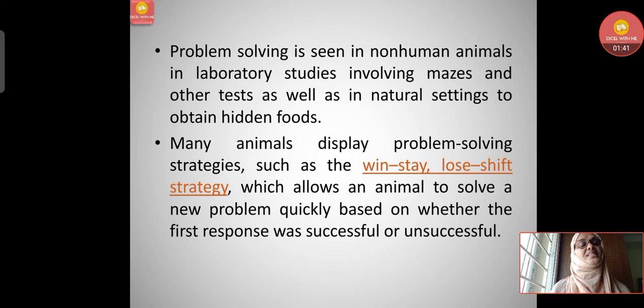Problem solving is seen in non-human animals in laboratory studies involving mazes and other tests, as well as in natural settings to obtain hidden foods.